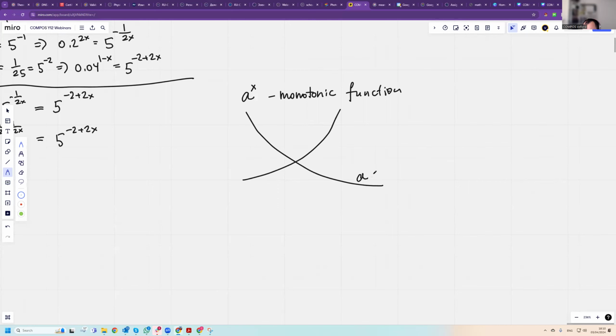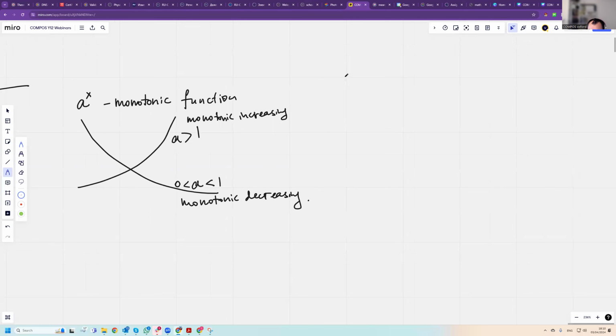So if a is less than 1, it is constantly decreasing, and if a is greater than 1, it's constantly increasing. So this is monotonic increasing and monotonic decreasing. And monotonic functions are also one-to-one functions.